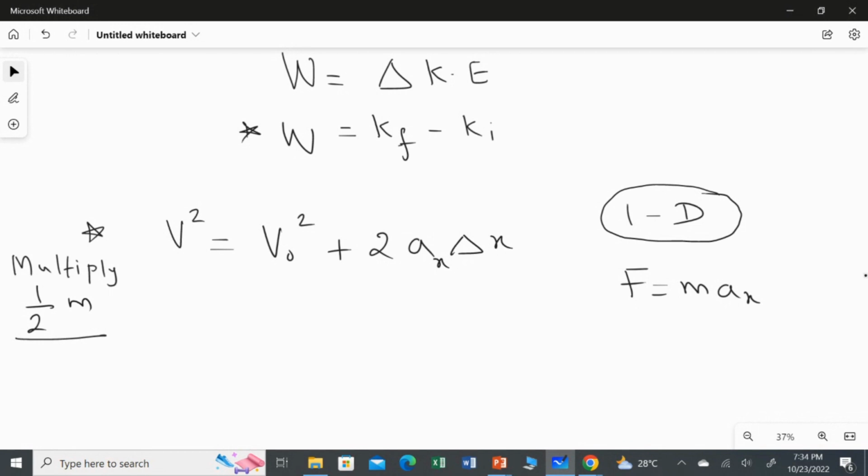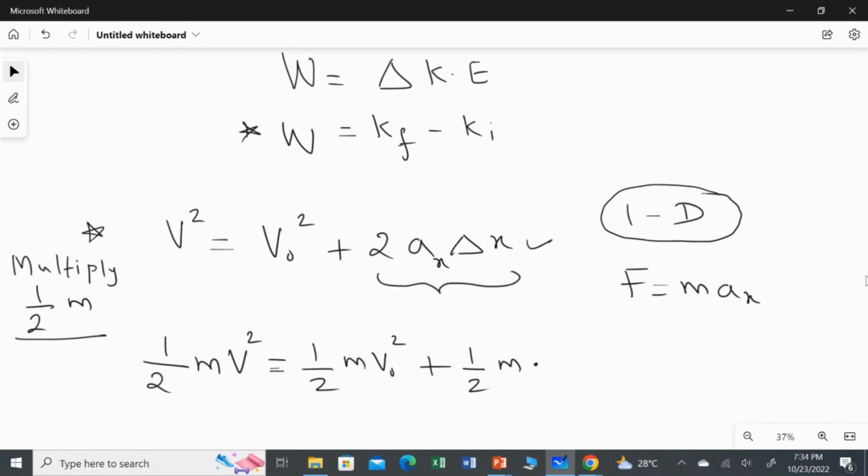By that, this equation will become 1 over 2 times m multiplied by v squared, which is equal to, I have to multiply this half m again for both terms, half m v naught squared plus half m multiplied by this entire term. What is our entire term? 2 multiplied by a of x multiplied by delta x.